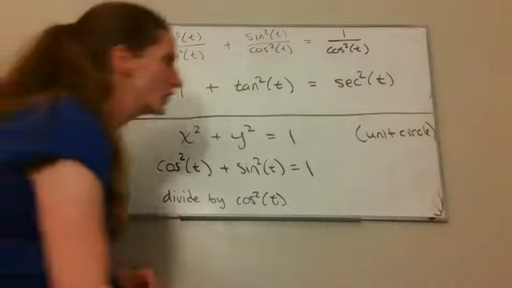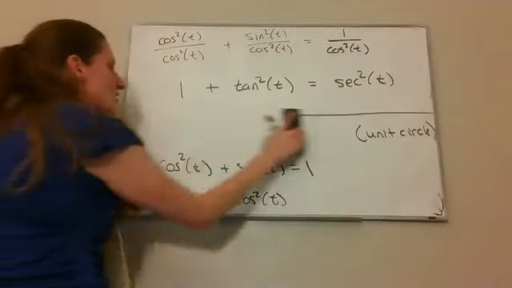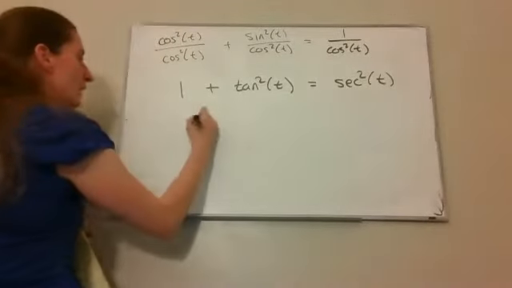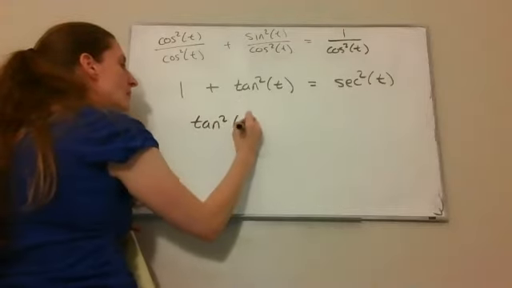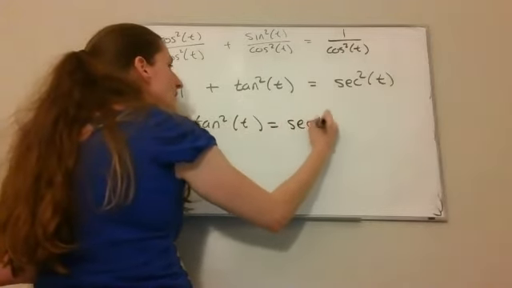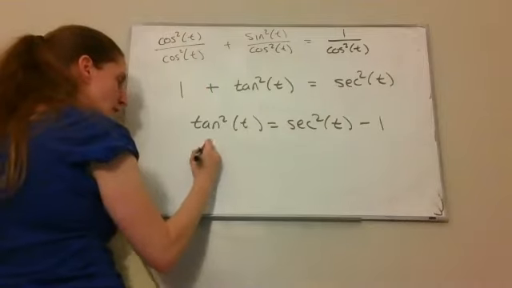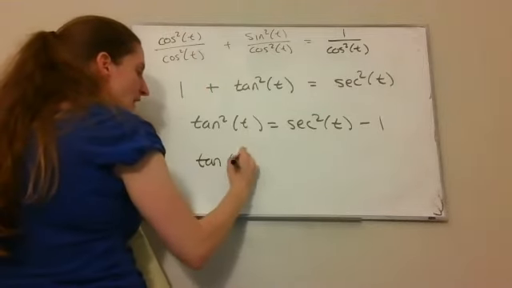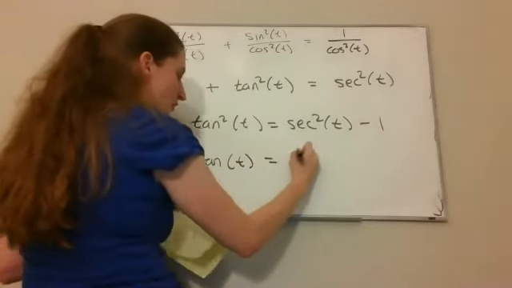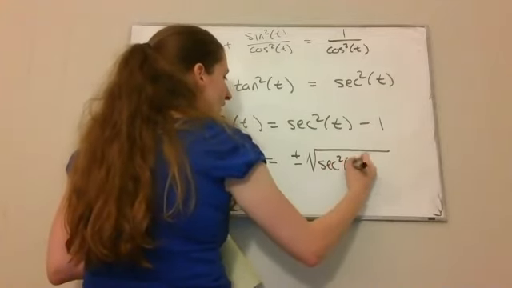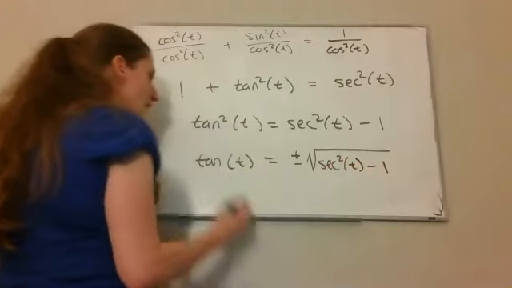So let's just solve this equation for tangent of t. I can subtract 1 from both sides. And then I can take a square root. And I get tangent of t is equal to plus or minus the square root of secant squared t minus 1.